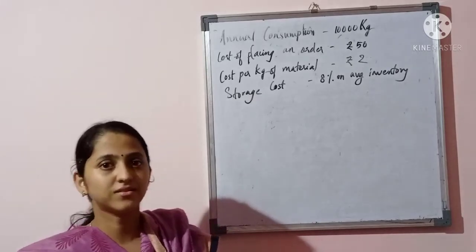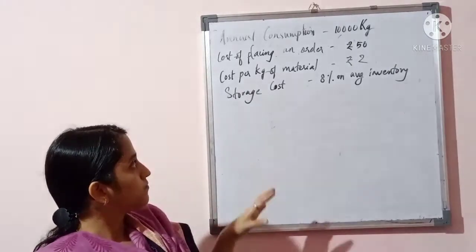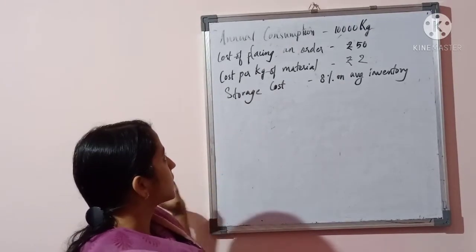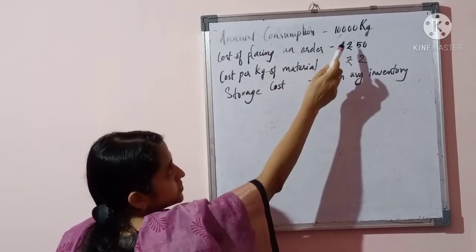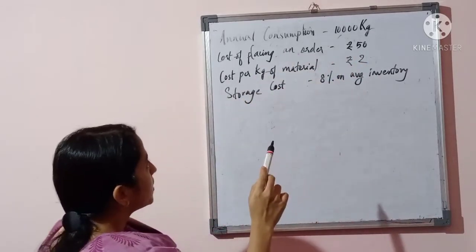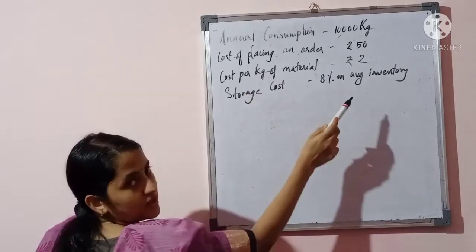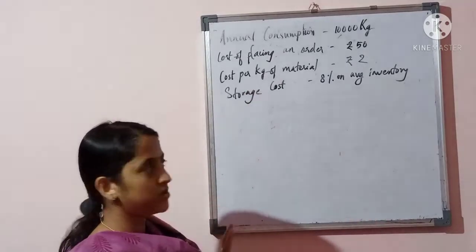Now let's discuss a problem based on EOQ. This is the question. Annual consumption is 10,000 kg, and the cost of placing an order is 50. Cost per kg of material is 2, and storage cost is 8% of average inventory.